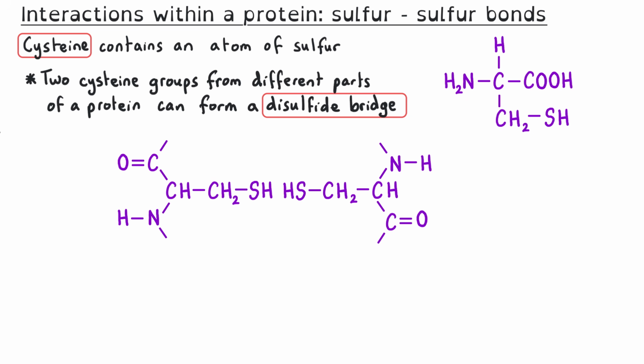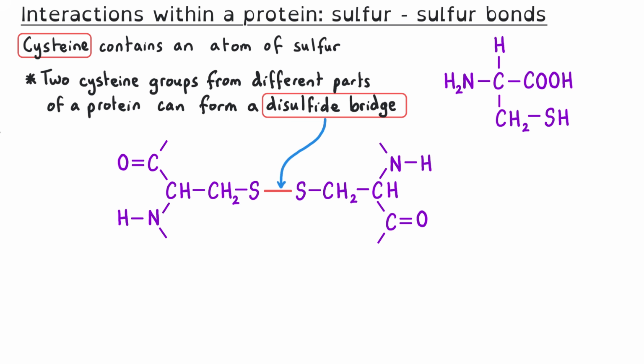You can see what happens when I draw these two cysteine groups from different parts of the same protein with their sulfur atoms facing towards each other. The hydrogen atoms are lost and a covalent bond forms between the two sulfur atoms instead, connecting them together. It's this covalent bond that I'm showing in red that is the disulfide bridge.